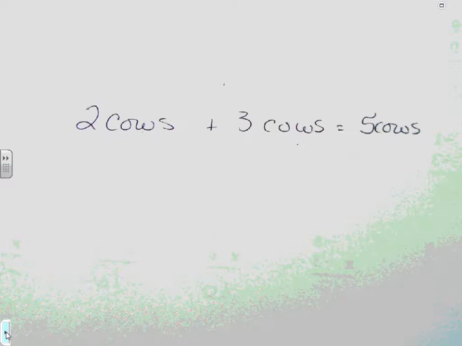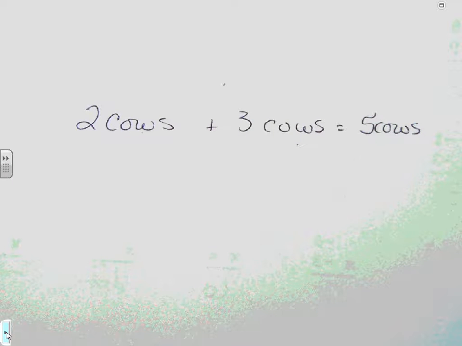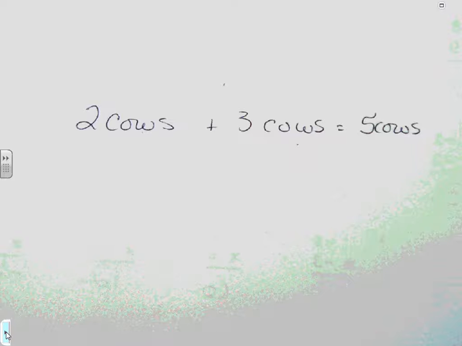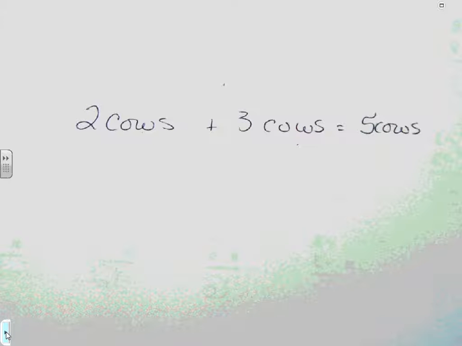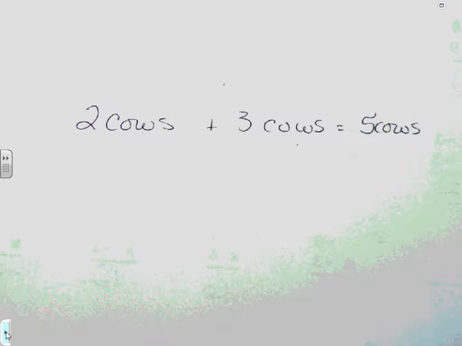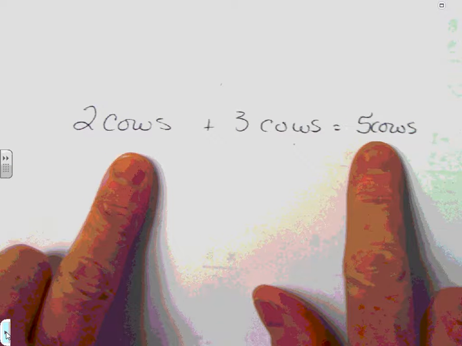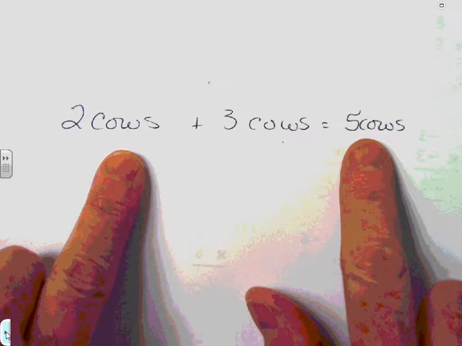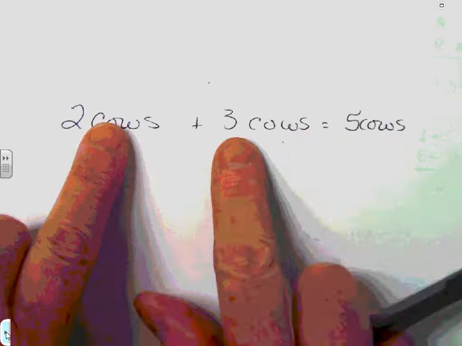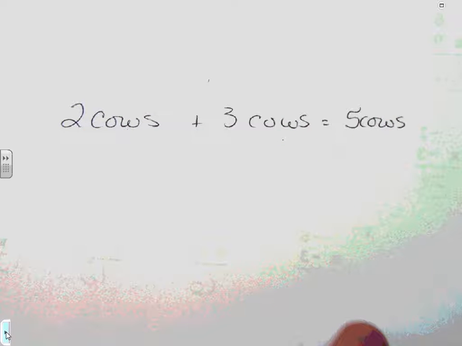You added things that matched together. When you're adding your variables, you can only add things that match together, and you don't change them. I didn't say my answer was 5 cows. Did I? No, I left it as the original value, kind of like a label.